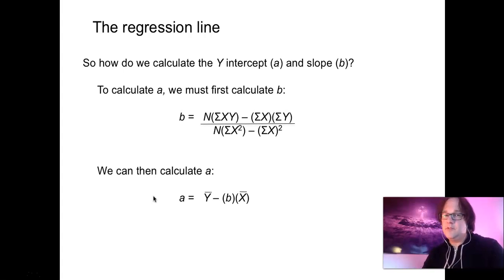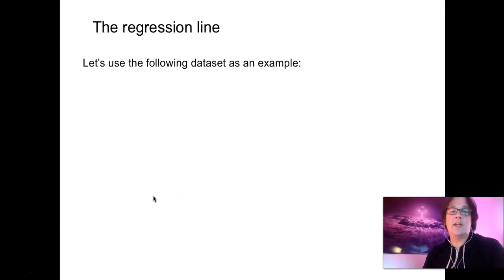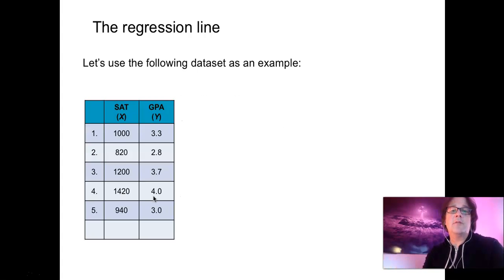The problem is, you have to calculate B in order to get A. But let's see how this is done. Let's do an example. We have a data set here, with some SAT scores serving as a predictor variable, our x variable.